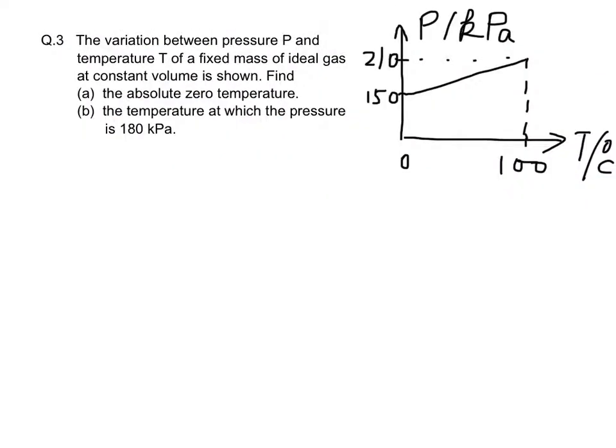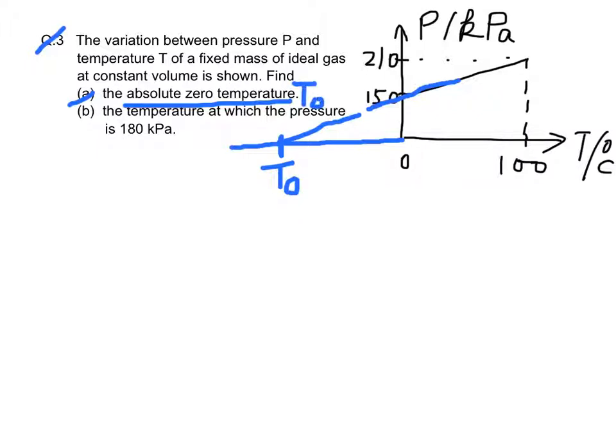Now study question number 3. For part A, the absolute zero temperature can be found by extending the temperature axis backward and producing the straight line backward. When the straight line passes through the point on the temperature axis, then this temperature is called absolute zero temperature. We call it T0, for example.